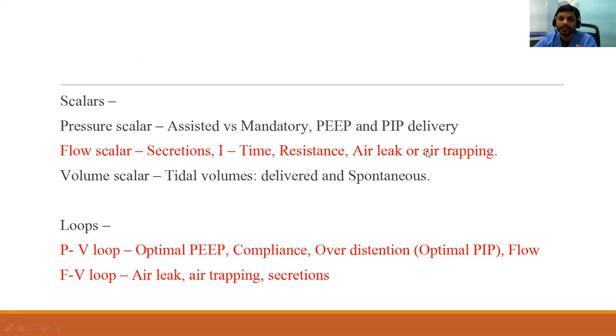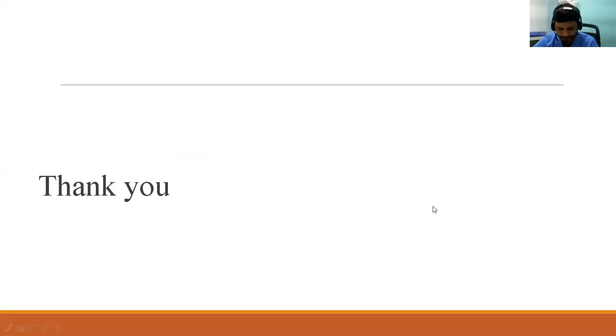The third thing I look at is the flow volume loop, again to look for any air leak or air trapping or secretions that are there in the lung. And this continuously looking at the pressure, flow, volume scalars and loops is an ongoing process when we are ventilating a baby. Thank you.